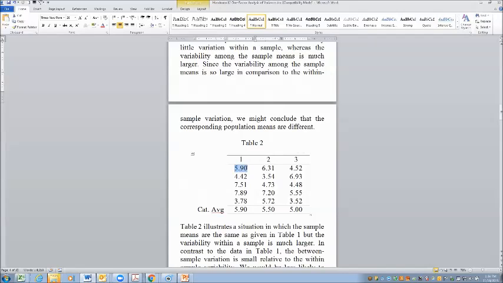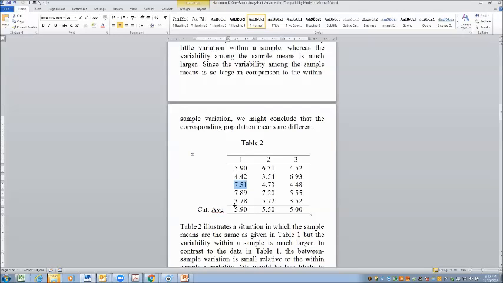And we get 5.9 tons in the first acre for sample 1, and 4.42 in the second acre, and 7.51 in the third acre, and so on. I still have the same averages overall, but now the variability within this column is much greater than it was before.